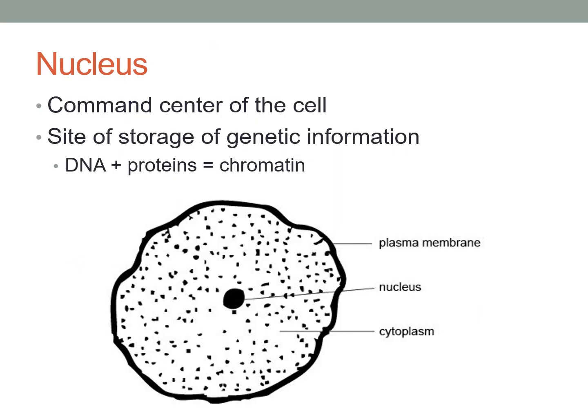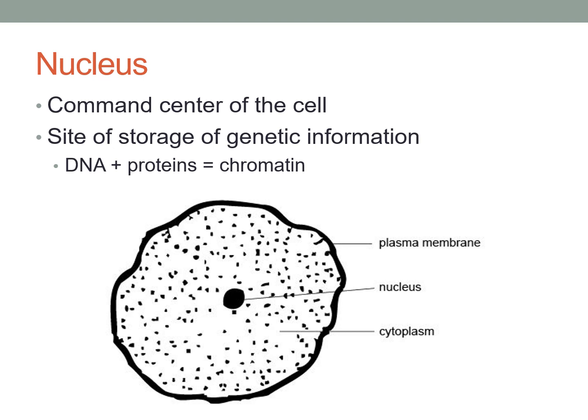All right, nucleus. You know this as the command center of the cell. The reason the nucleus is the command center is because it houses our DNA, which is our genetic information, that has all the instructions on how to do everything involved with creating and maintaining a human body.